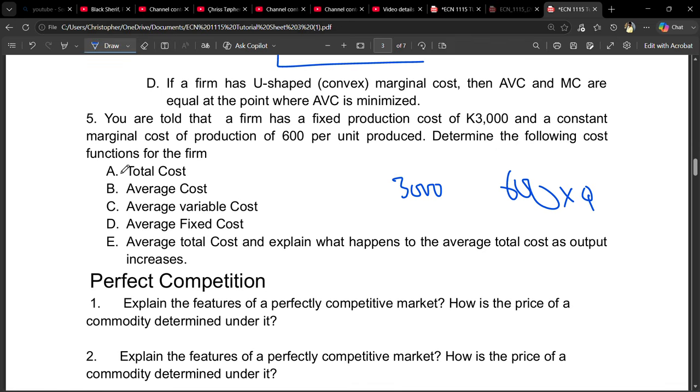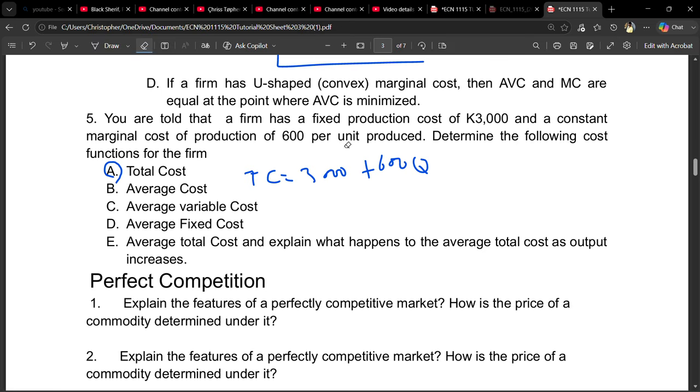So A, they're saying determine the total cost function. The total cost function is going to be given by 3,000 plus 600Q. So that is the first thing that we have there.